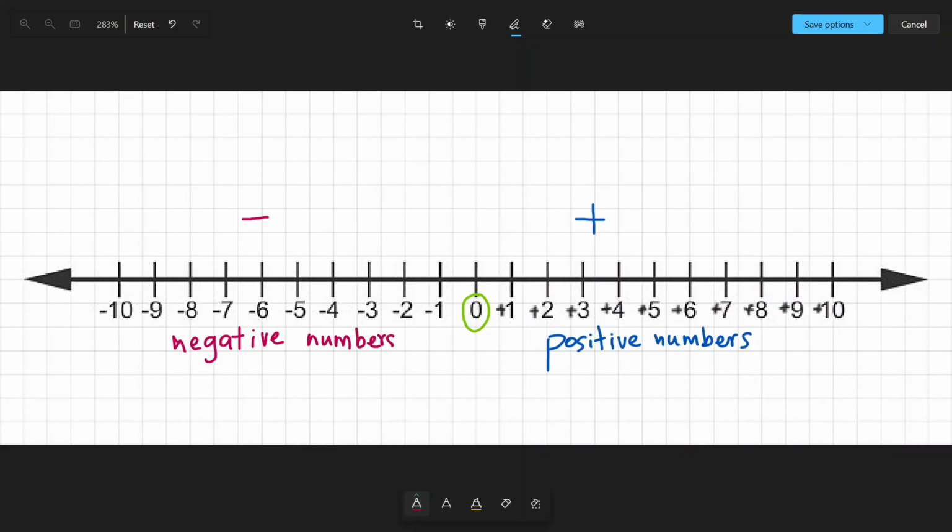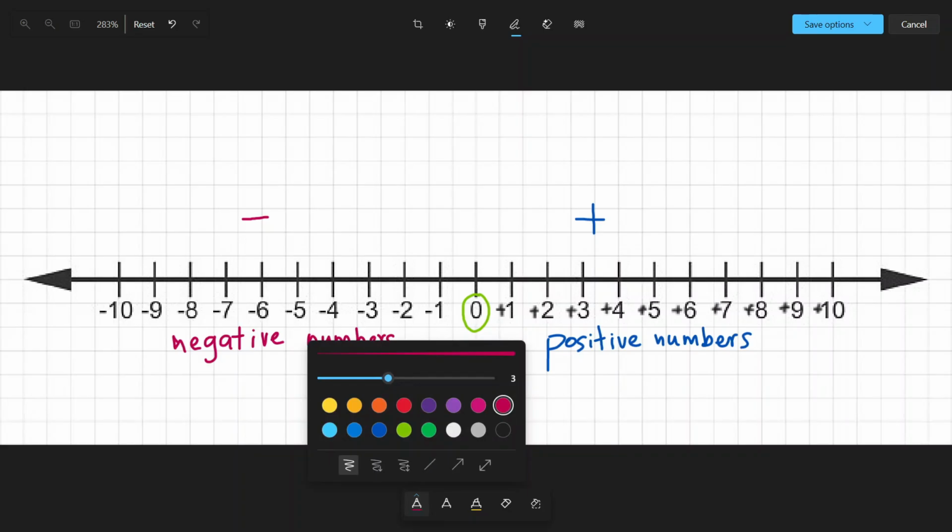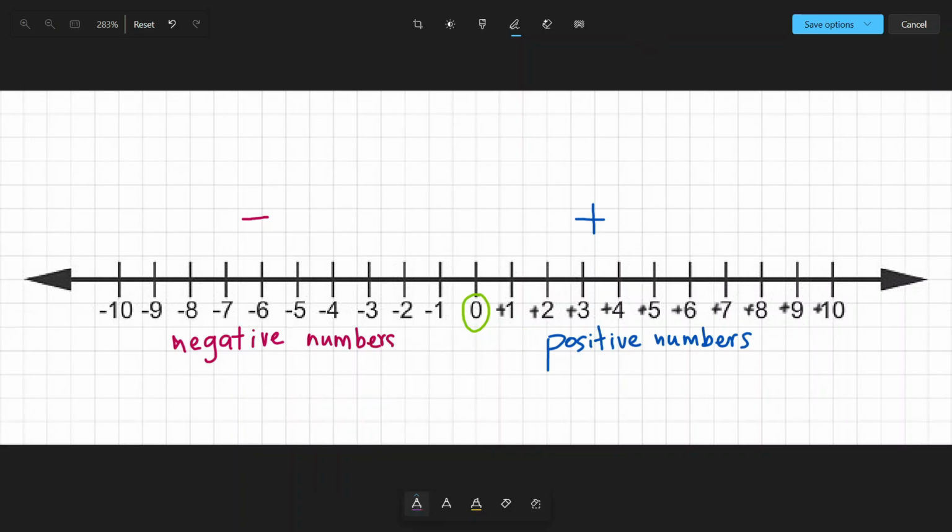Without regarding the sign, whether it is positive or negative, you have to remember that in a number line, the size is gradually increasing to the right side. So when we go along the line to the right side, the size is gradually increasing.